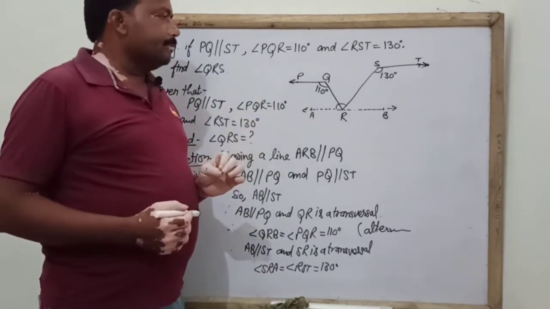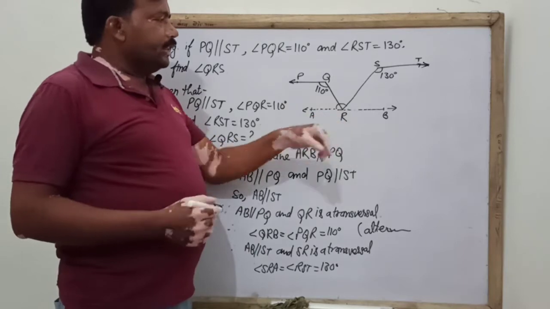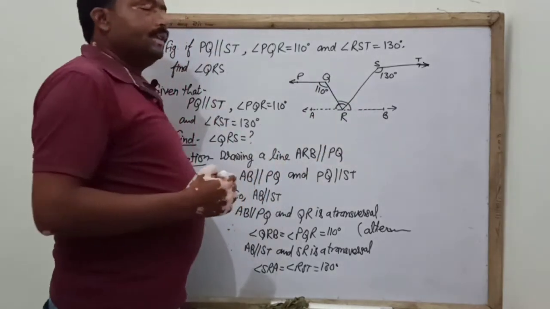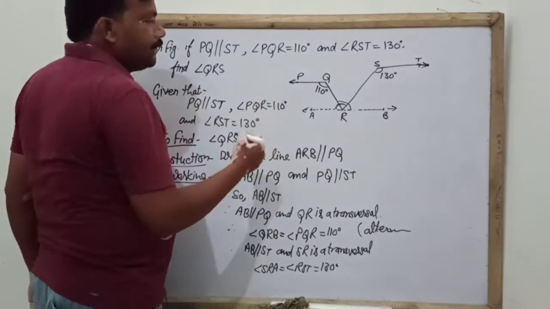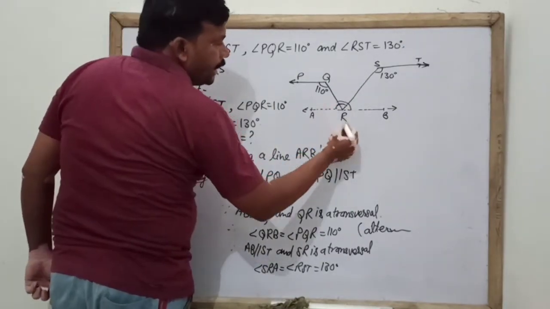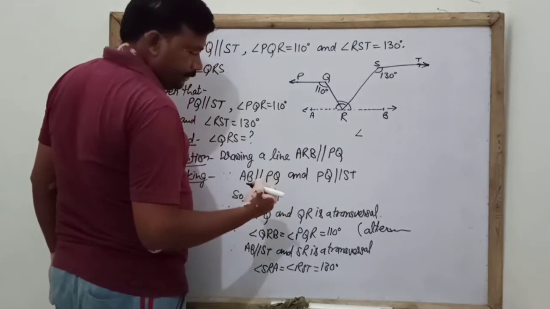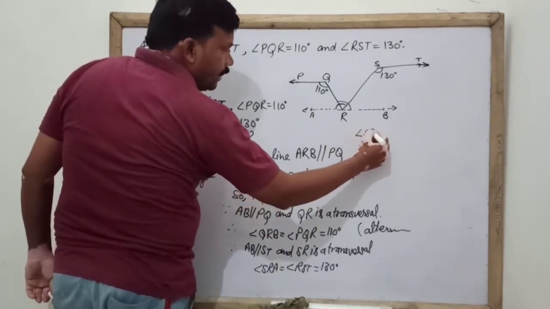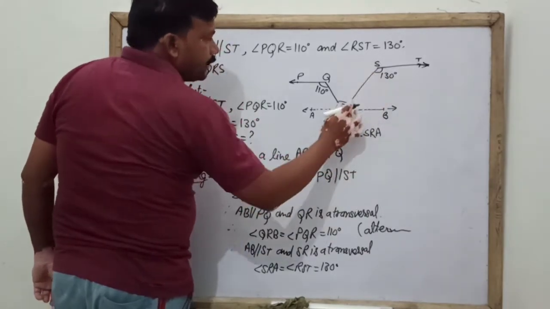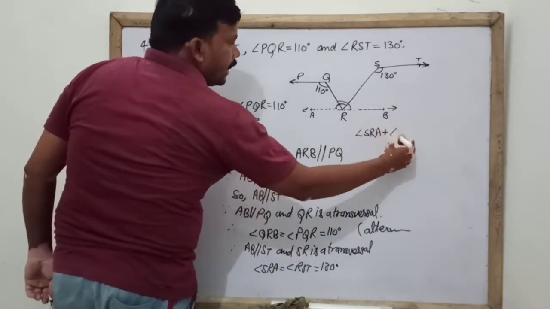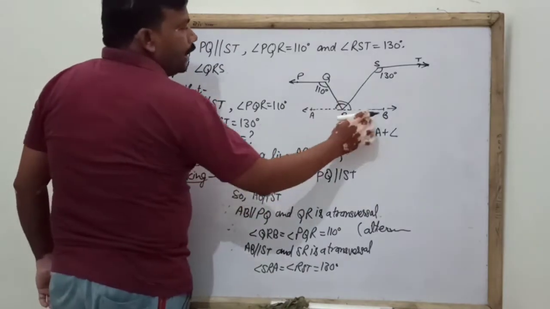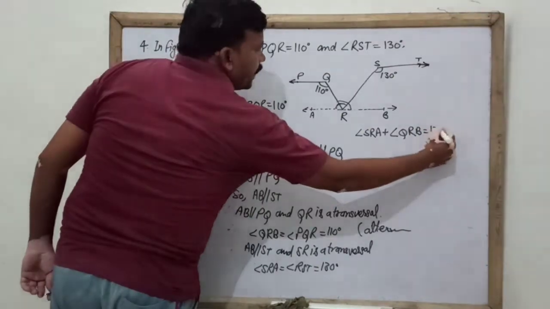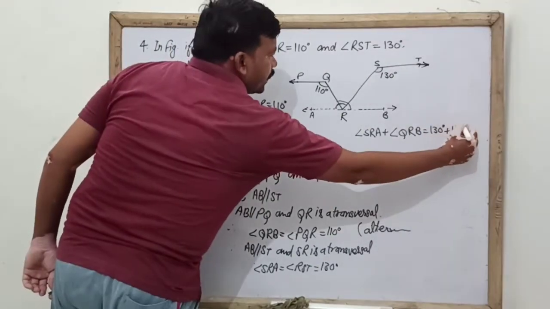If we add these two angles, this angle and this angle, what will we find? We can find angle SRA plus angle QRB, value of SRA 130, QRB 110.